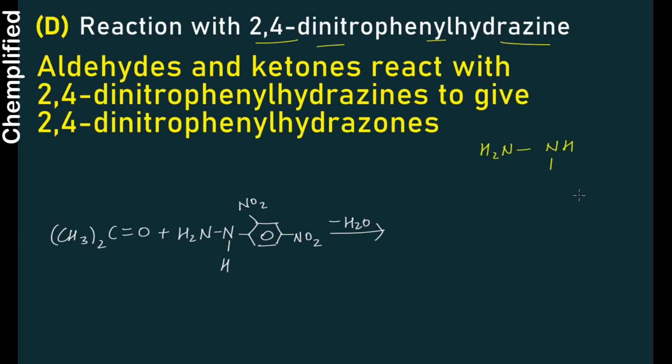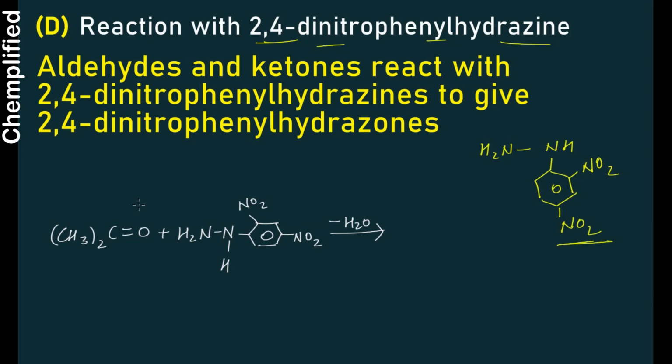Let me draw it like this. Now look at the name, 2,4-dinitro. So at the second and fourth positions there will be a nitro group present. NO2 groups will be present. So the name changes to 2,4-dinitrophenylhydrazine, right?